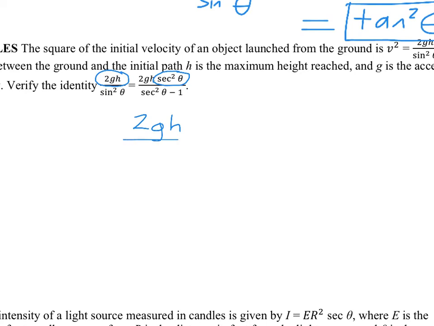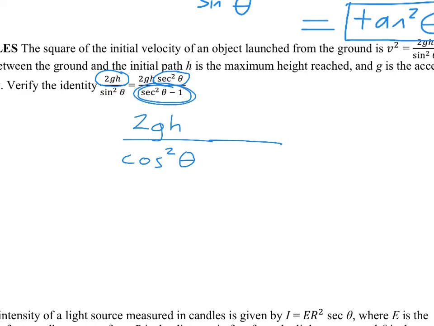So if I can move that to the bottom, that would help. So secant is the reciprocal of cosine. So what I can do is, if there's a secant in the numerator, I can make that a cosine in the denominator. So if there's a secant squared in the numerator, that's the same thing as a cosine squared in the denominator.